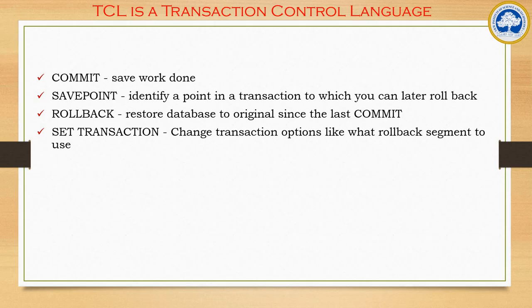Whatever happened before that is going to be restored. For that purpose we use rollback. And set transaction changes the transaction options, like what rollback segment to use. These are the functionalities working under the TCL.